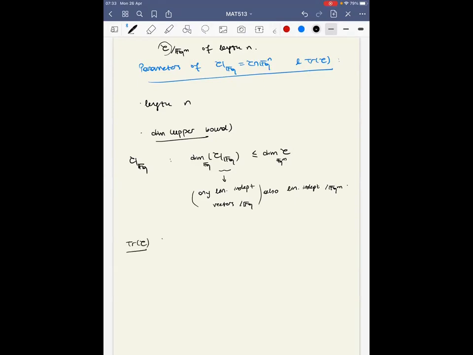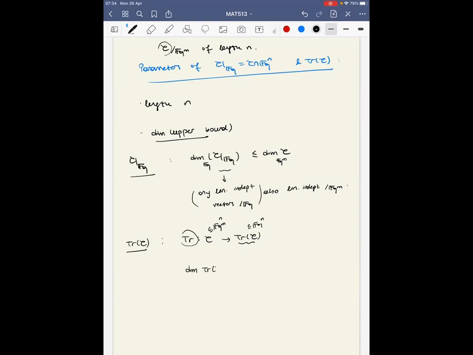Similarly, for the trace code of a given linear code C, if you consider the definition of the trace function, by extending the definition of the trace to the n-dimensional vector space over F_{q^m}, we can easily say that the trace function is surjective onto the trace code, and this is also F_q-linear.